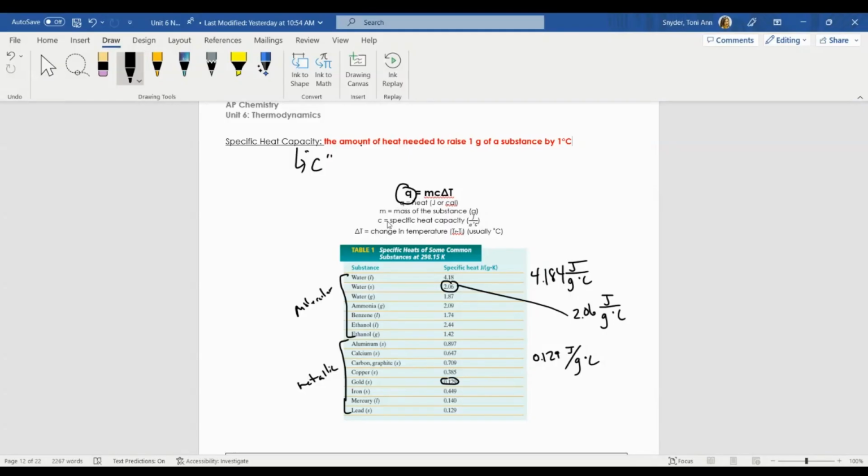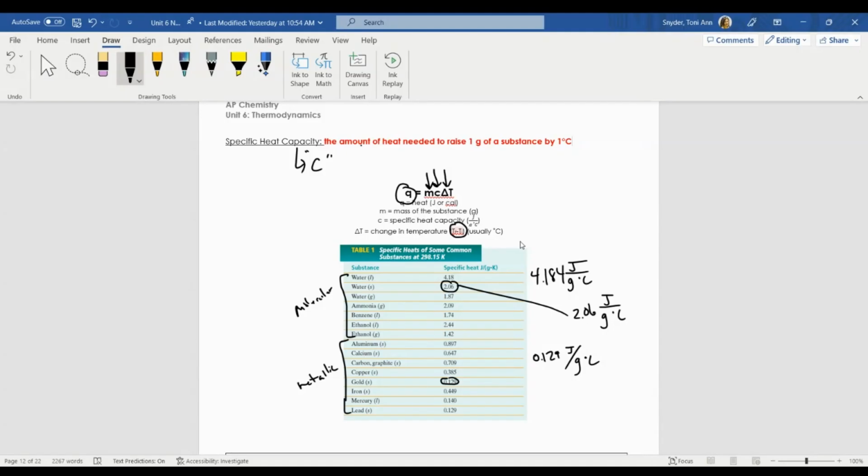Anyway, we can measure the amount of heat. Heat is typically denoted by the variable Q, a lowercase q. The amount of heat that's required or absorbed in a reaction or in a physical process is equal to the mass of that substance times its specific heat times its delta T, its change in temperature. Your change in temperature is going to be the final temperature minus the initial temperature. That's important as we progress.